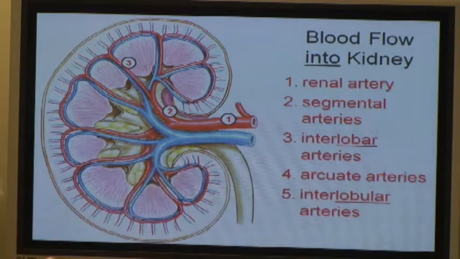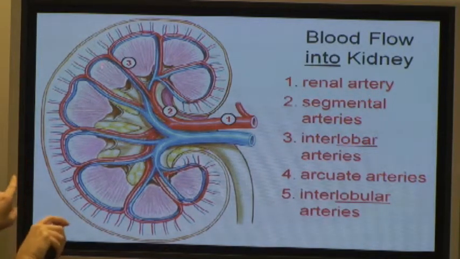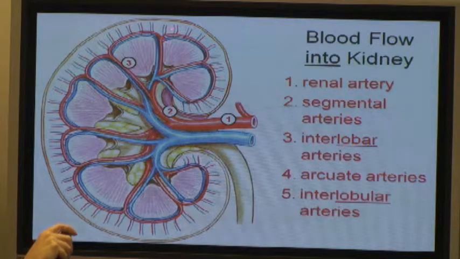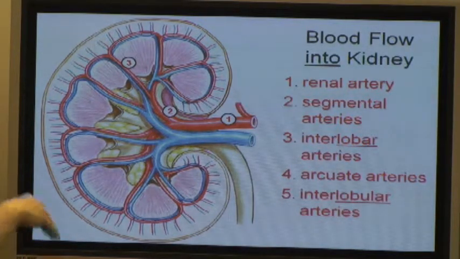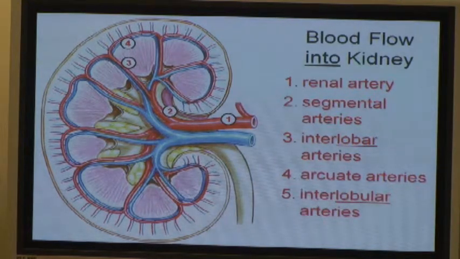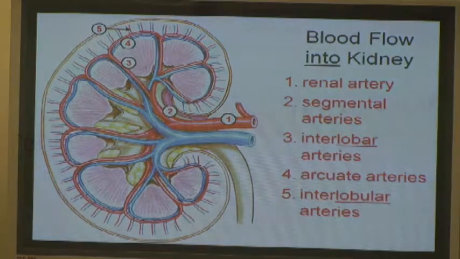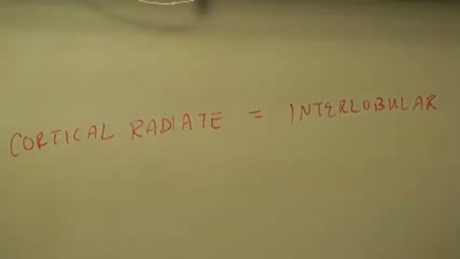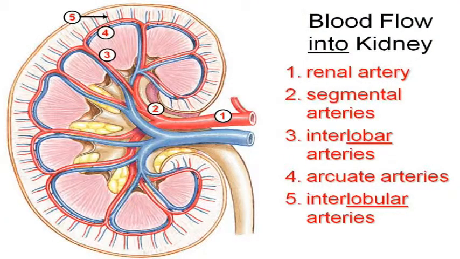The interlobar arteries split and they arch over the tops of the pyramids to form the arcuate. They arc. The arcuate arteries. And then branching off of the arcuate arteries are the interlobular. Renal artery, segmental artery, interlobar artery, arcuate artery, interlobular artery.